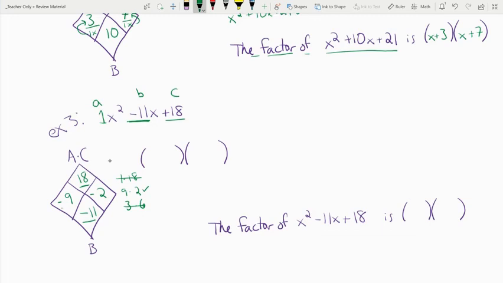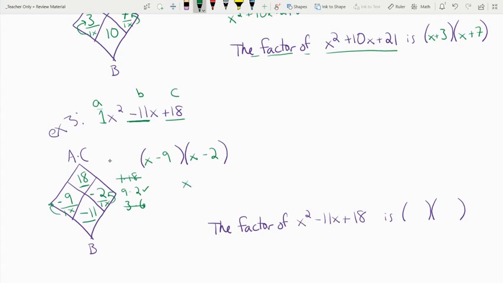Now I'm going to divide by 1x. Remember, I'm always using 1 because so far A has always been equal to 1. So I get, remember, bottoms up, x minus 9, x minus 2. Okay, and let's triple check.